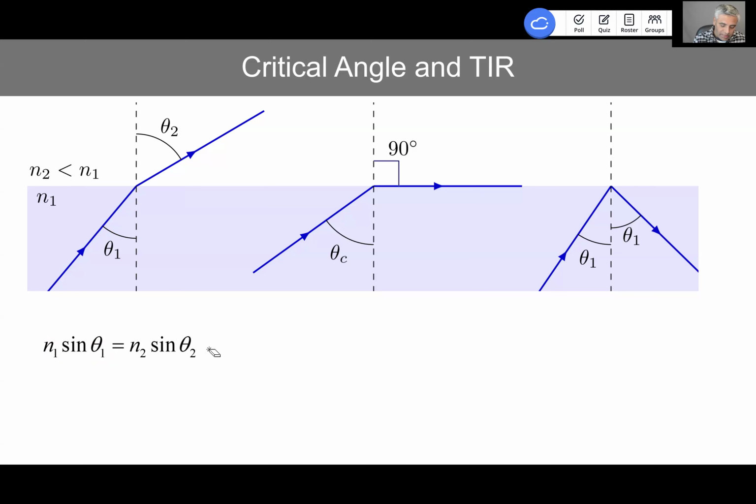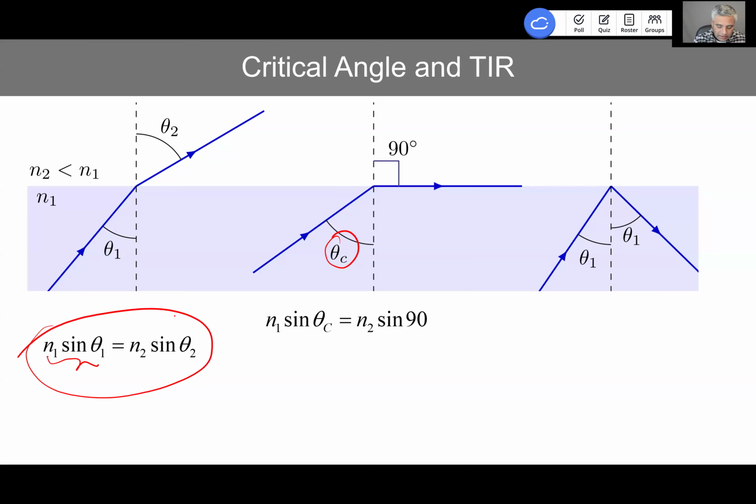So once you remember that this product is the same, then other than that you don't have to remember more. Sometimes you may see a formula written for this critical angle, but this comes from just that. Okay, so basically this is the formula. This is just one step back. So when we simplify this, we get the critical angle.